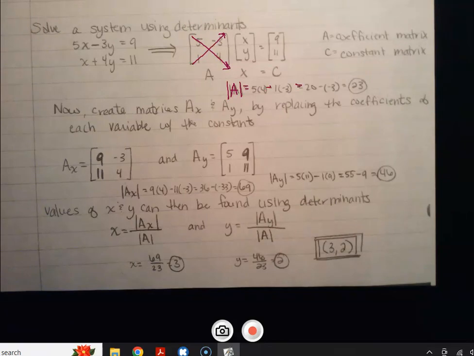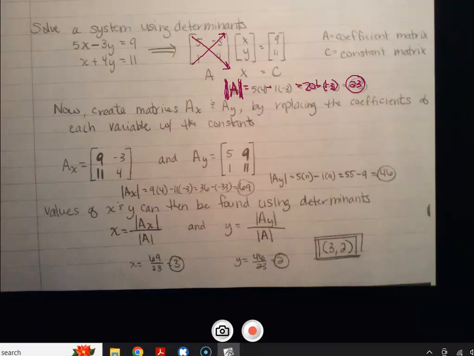That equals, 5 times 4 is 20, 1 times negative 3, so it's minus negative 3, which is the same thing as plus. 20 plus 3 is 23. Again, that's the determinant of A.